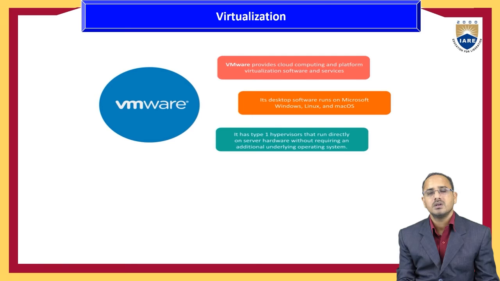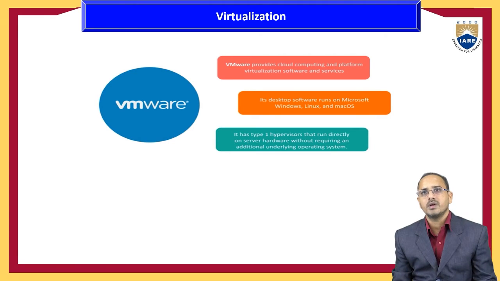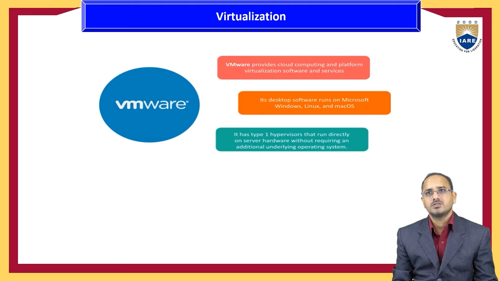Without virtualization, cloud computing is nothing, right? The technology behind the cloud is virtualization. Its desktop software runs on Microsoft Windows, Linux, and Mac OS, and it has type 1 hypervisors that run directly on server hardware without requiring an additional underlying operating system.